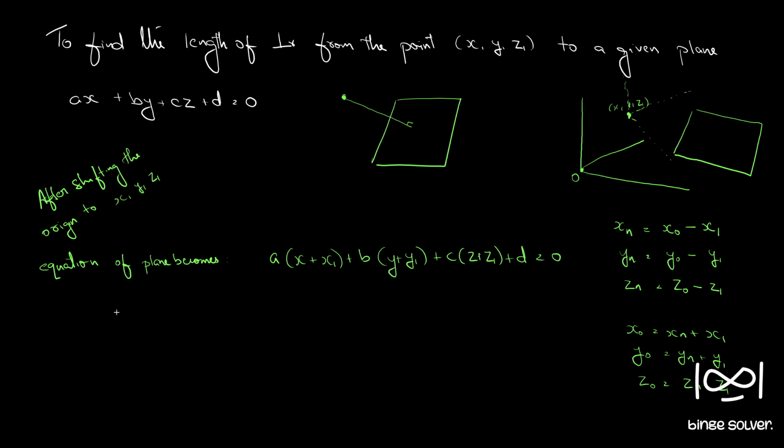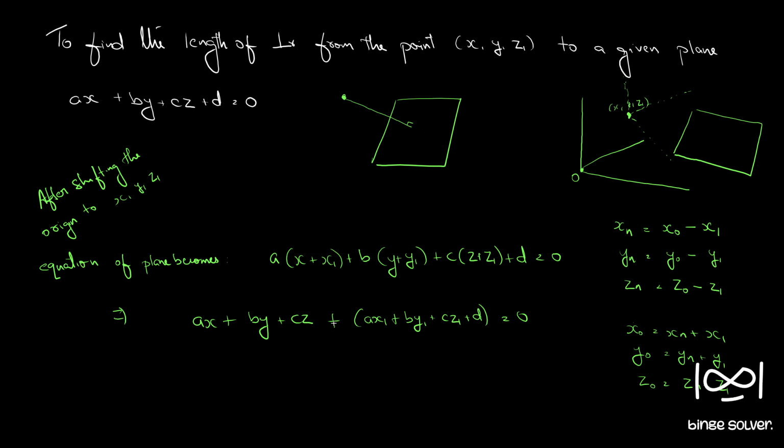Or we get our new equation as ax plus by plus cz plus ax1 plus by1 plus cz1 plus d equal to 0. So we got our new equation.